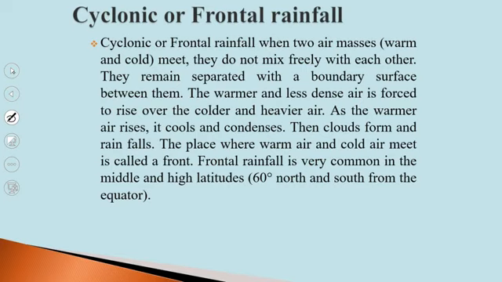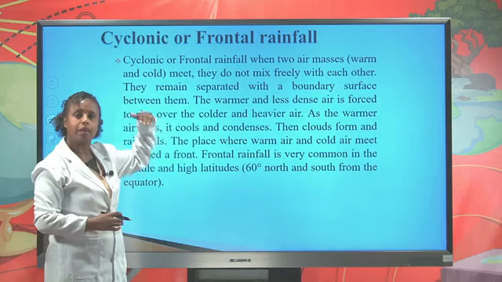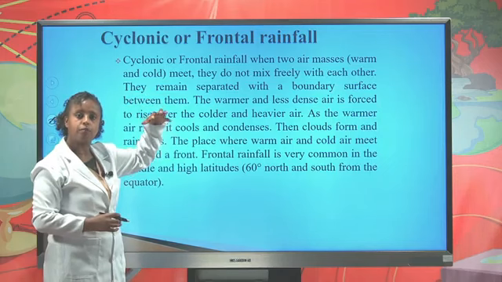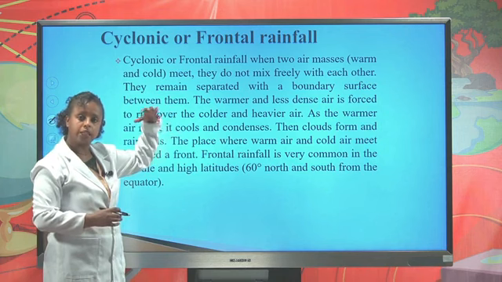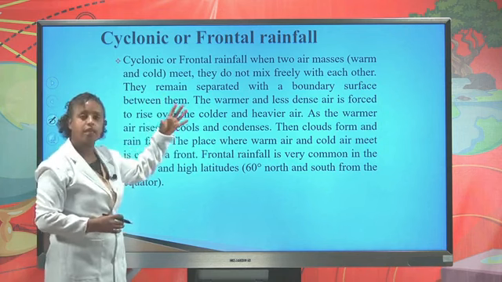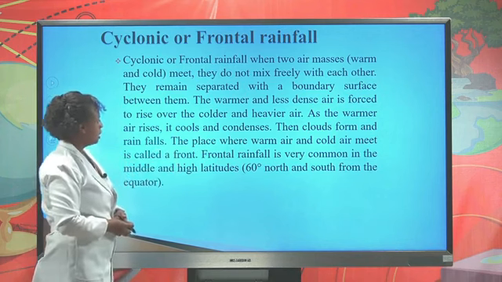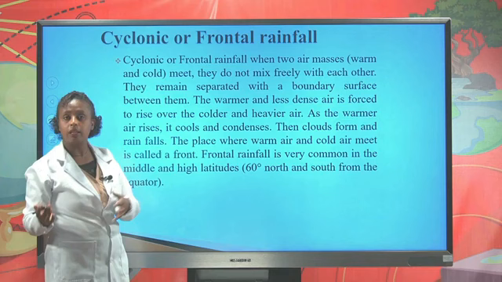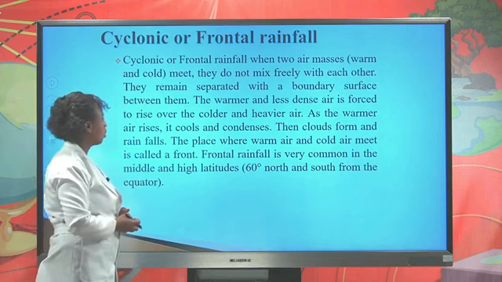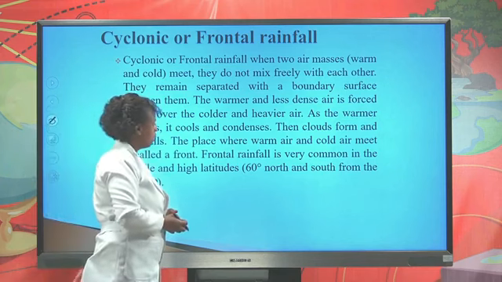The warm, less dense air mass is forced to move over the denser, colder air mass, and it rises and rises, cools and expands, forms condensation, then clouds form and fall as rainfall. The place where the warm and the cold air masses join together is called a front.